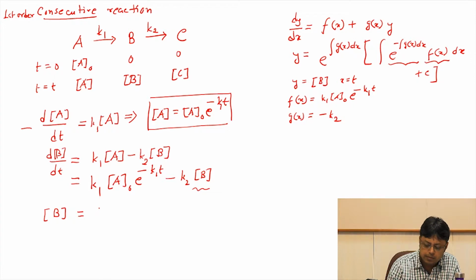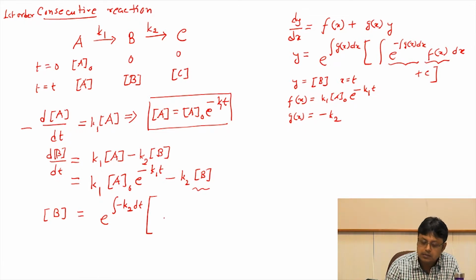B is nothing but, you can follow it from here. So I'll have e to the power integral g(x) dx. So it will be e to the power integral minus K2 dt.